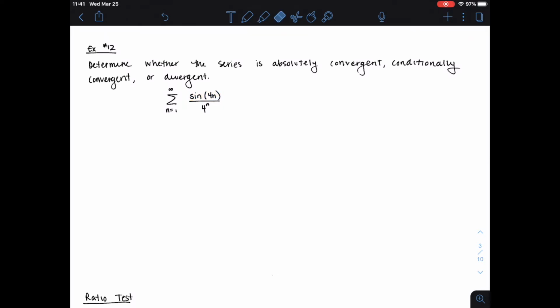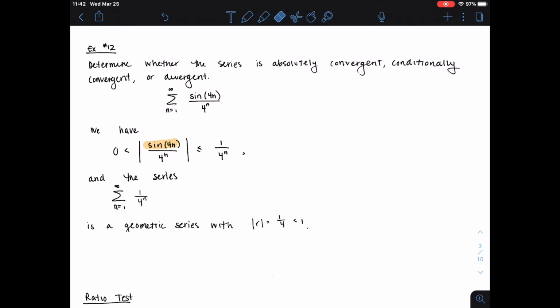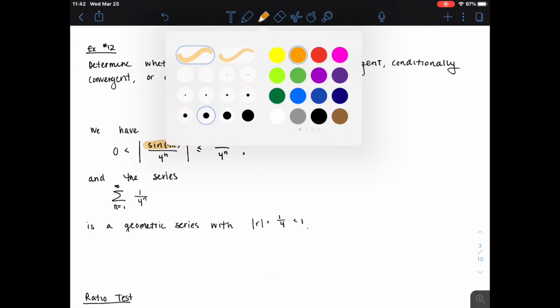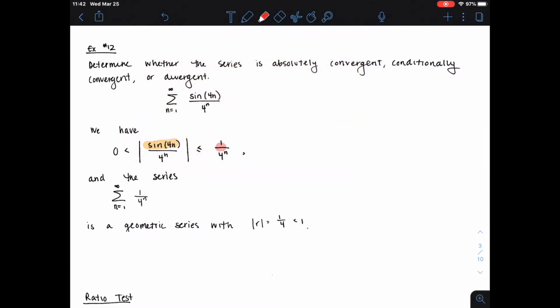But because we want to deal with absolute convergence, I need to take the absolute value of that general term. But the really nice thing is when you look at sine of 4n in absolute value, you know that's bounded above by 1. So this is going to be less than or equal to 1 over 4 to the n. And if you look at the series with the general term 1 over 4 to the n, that's just a geometric series.